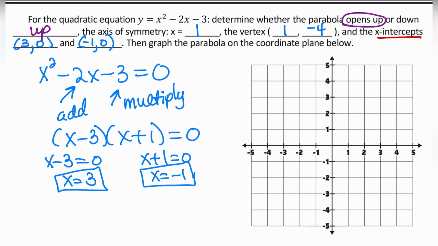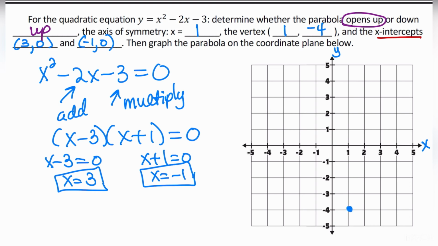So now I can take all of this information and put it on the graph. Remember, this is my x-axis, this is my y-axis. I know that the parabola is going to open up. I also know the equation for the axis of symmetry, and I know the vertex is the point 1 comma negative 4. So I'm going to go ahead and start with the vertex, and I'm going to plot 1 comma negative 4. So here's the vertex.